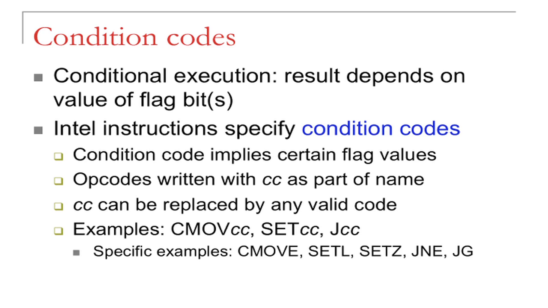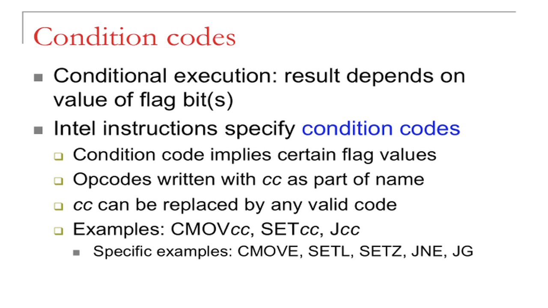That's what it says here. cc can be replaced by any valid code. For example, we have cmovcc, setcc, jcc. These cc, again, are just a placeholder which should be replaced by the actual condition code.